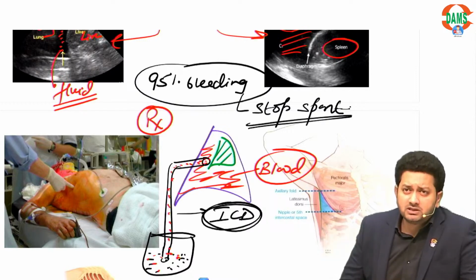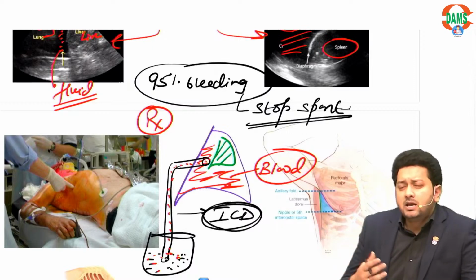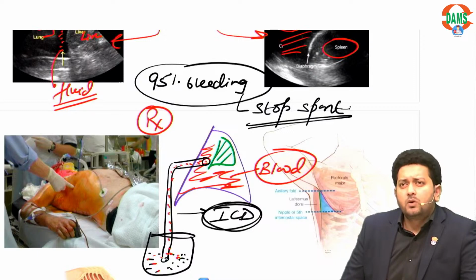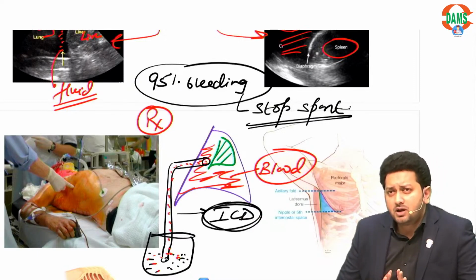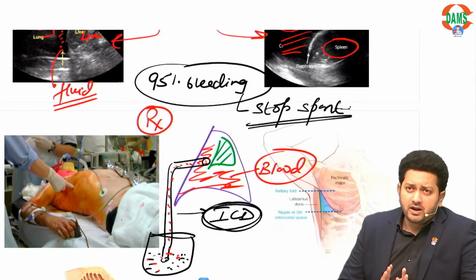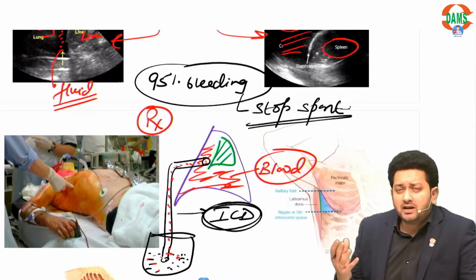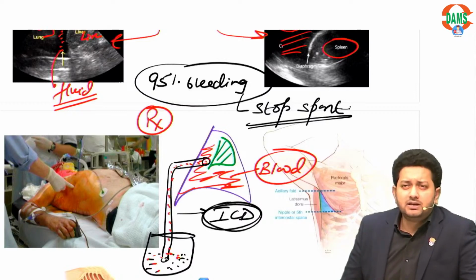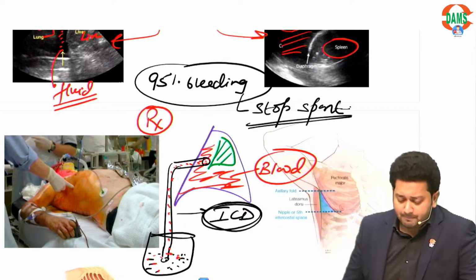You can measure how much blood has come immediately, and then after every hour how much blood is coming through this. Like I said, bleeding will stop spontaneously. All you need to worry about is that you give some space for the lung to expand, and the patients recover like magically. The moment you put the ICD, they feel so much relief.